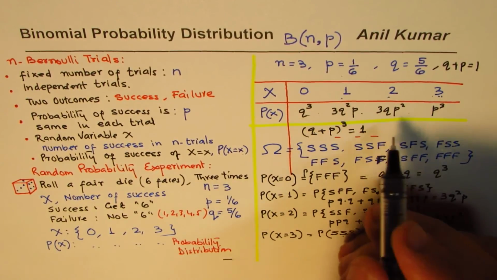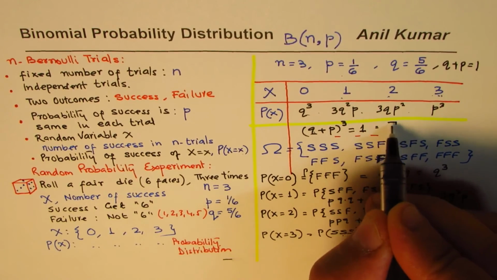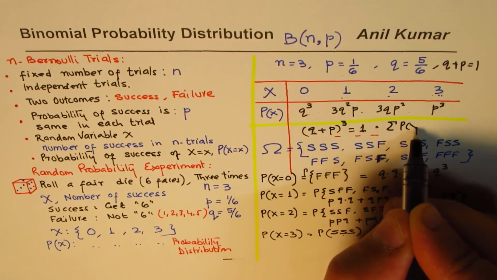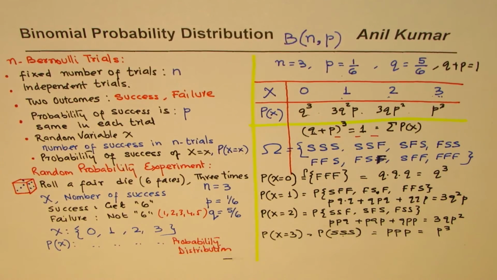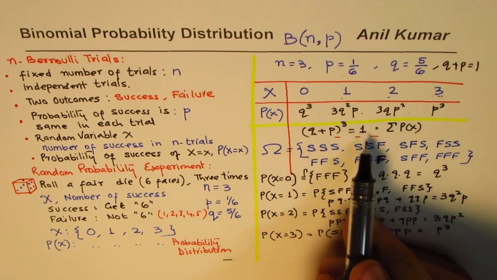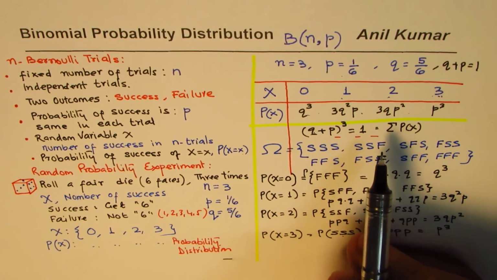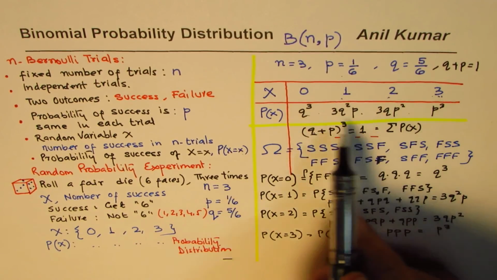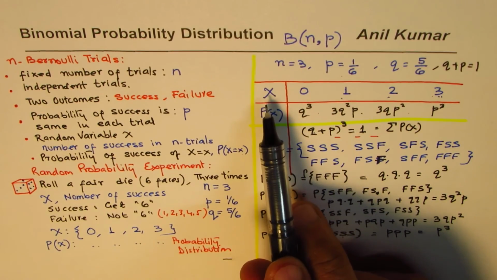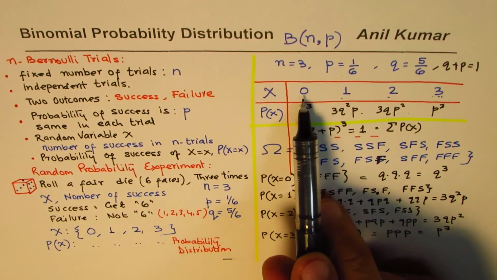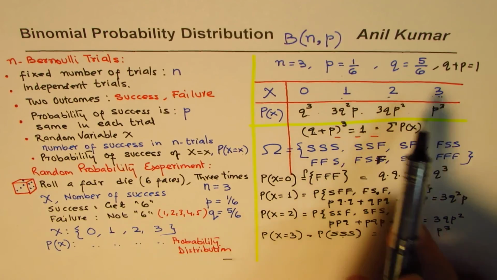So what we are saying is, the sum of the probabilities of all these x's is 1. Do you see that? So that is also satisfied. Of course, in this particular experiment, all the values which our random variable can take are considered here: 0, 1, 2, and 3.